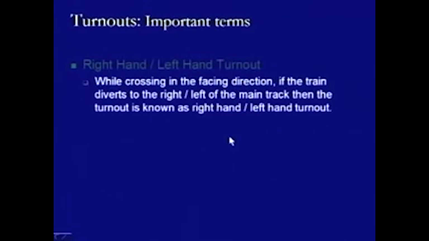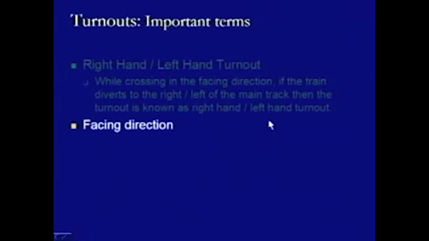The same is being defined here, that while crossing in the facing direction, if the train diverts to the right or to the left of the main track, then the turnout is known as right hand or left hand turnout respectively. That is, if you are standing in the facing direction, that is what we have seen, standing on the points and looking towards the crossing, then if the train diverts to the right, it is termed as right hand turnout, and if it diverts to the left of the main track, then it is termed as left hand turnout.